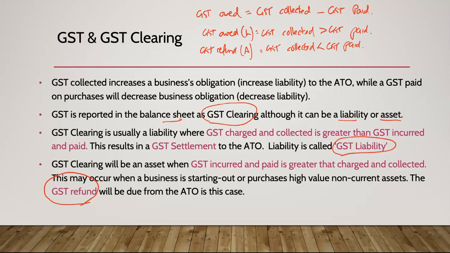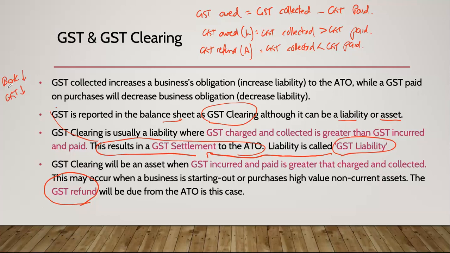If we have a GST liability, at some stage we're going to have to pay that back. This is what we call a GST settlement. And this results in our bank going down and our GST liability also going down.